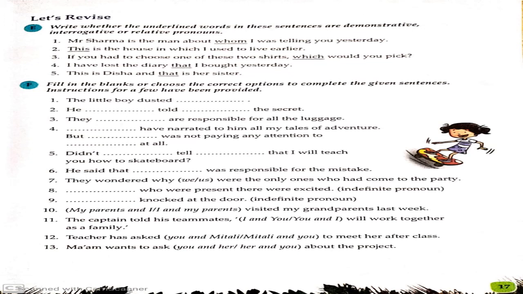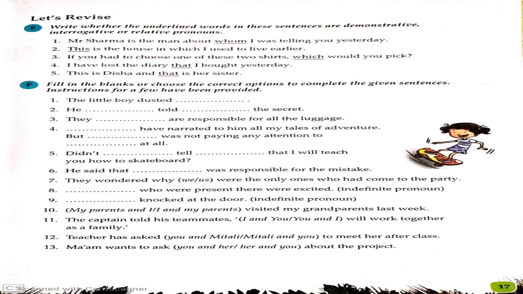And number 4, dash have narrated to him all my tales of adventure. So I have narrated to him all my tales of adventure, but he was not paying attention to me at all. Okay. So the above 4 I have done for you. The remaining you will have to do by yourself as homework.